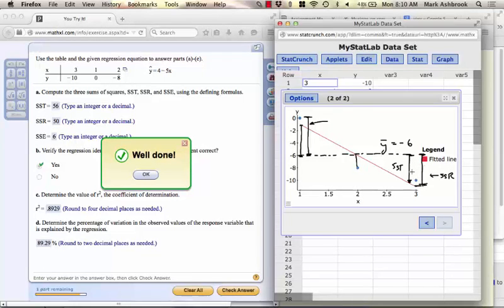So SST is a smaller value than SSR. Why? Because this is negative here. But the point is, this is very large, right? The distance from the mean to the regression line is indicating a strong tendency towards regression.